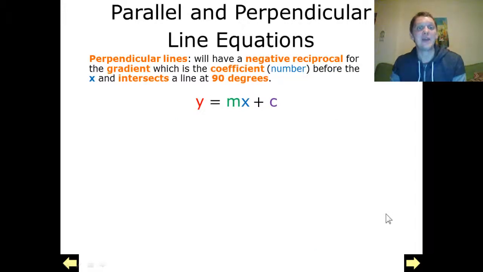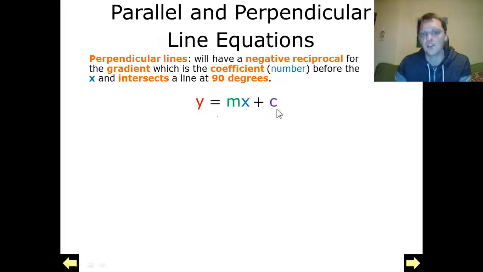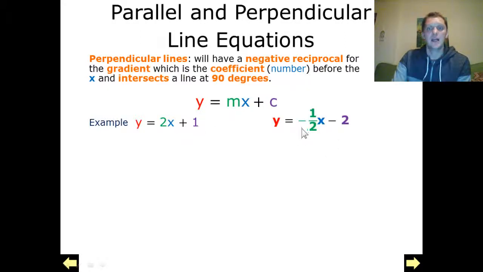Anytime that we're working out perpendicular lines, like we mentioned previously, we are going to be working with the negative reciprocals of the original gradient. So y equals mx plus c, you'll see this throughout the examples. My example will be y equals 2x plus 1. My negative reciprocal of 2 is going to be negative 1 over 2.